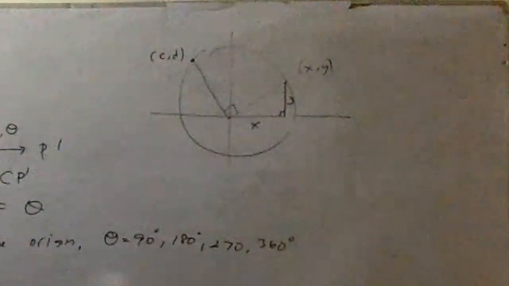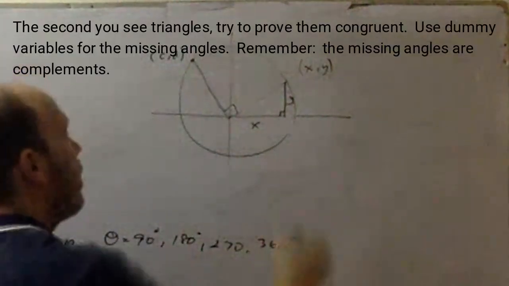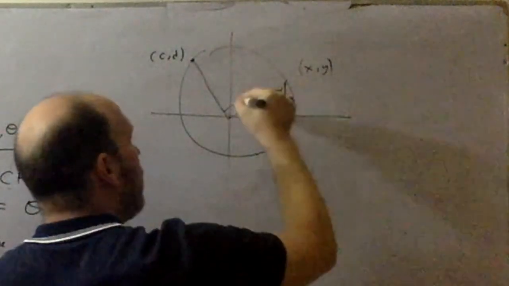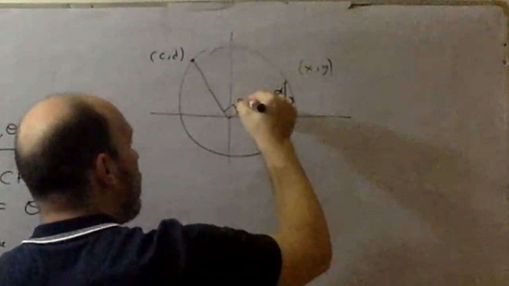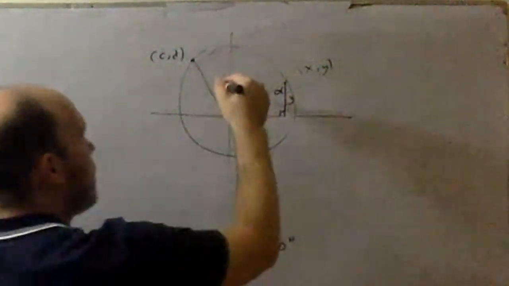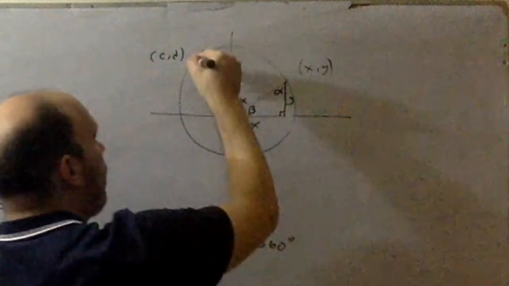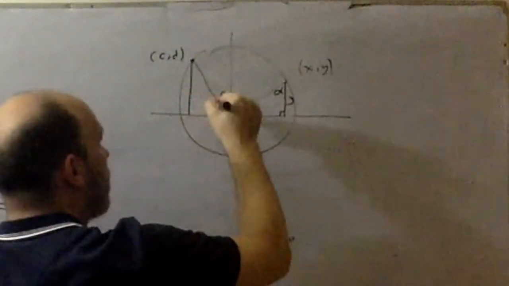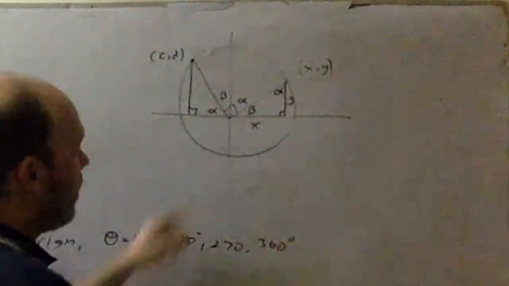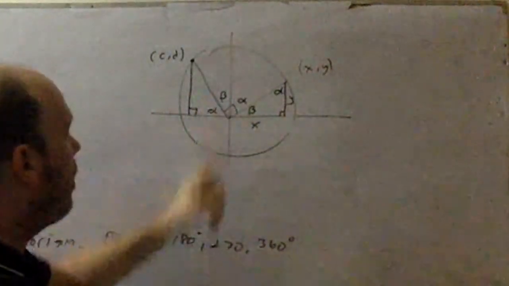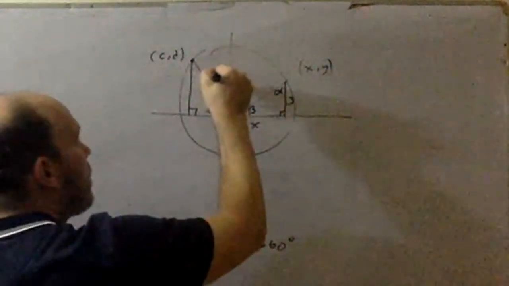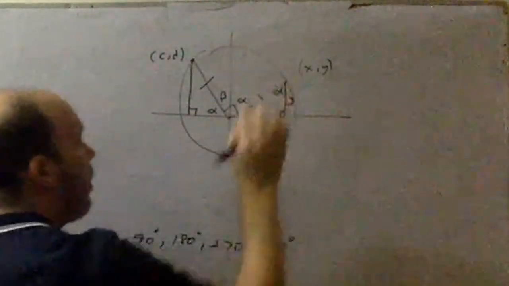This is beta, this is alpha, that means this is alpha. This is 90 degrees. That means this is beta. If we drop an altitude, this is alpha. That means this is a right triangle, so these triangles are similar. Not only are they similar, they're congruent because these are radii of a circle.